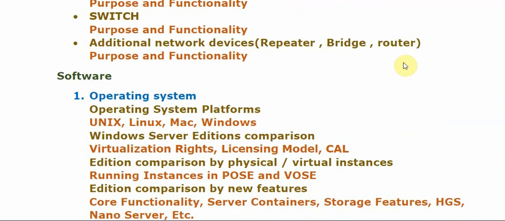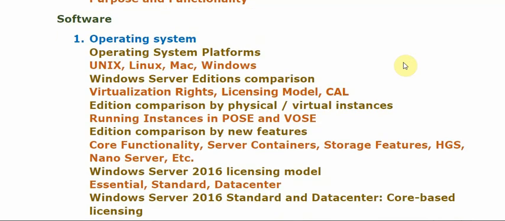Under software, mainly we'll be focusing on the operating system. There are different types of platforms. Here we are concentrating on Windows. Once you come to the server operating system, there are editions, multiple licensing models, and the client access license.